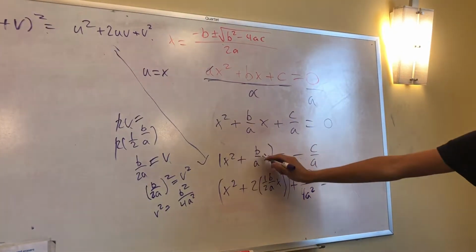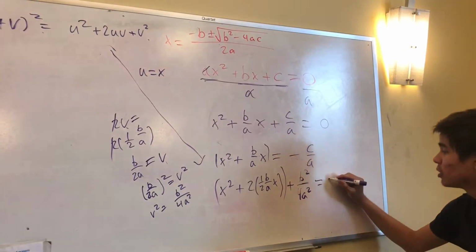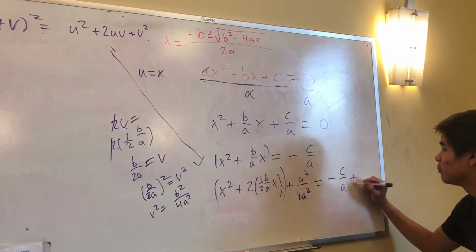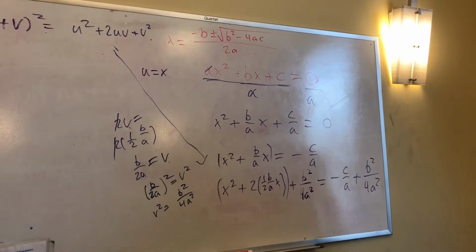But that changes our function here, so we have to add b squared over 4a squared on that side as well. So we have negative c over a plus b squared over 4a squared.